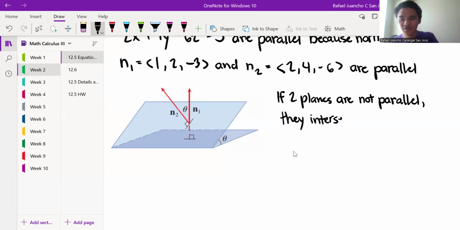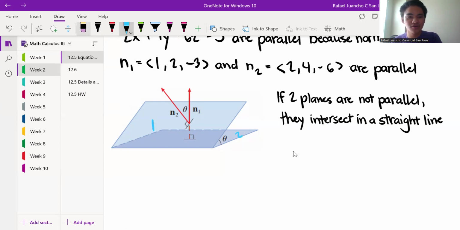So it doesn't mean they're perpendicular. It just means they intersect in a line that's straight. It doesn't have to be perpendicular. So apparently plane one and plane two are not parallel, so they intersect in a straight line. So I think this is that straight line they're talking about.